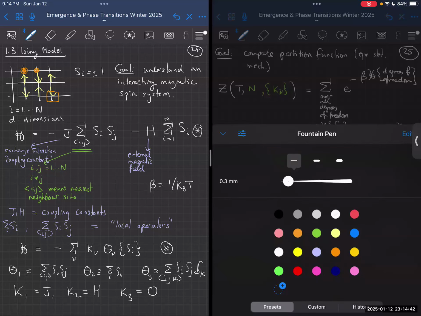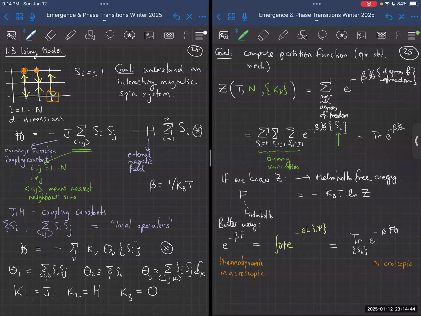And so this degree of freedom, this level of description, is going to be an intermediate level of description.